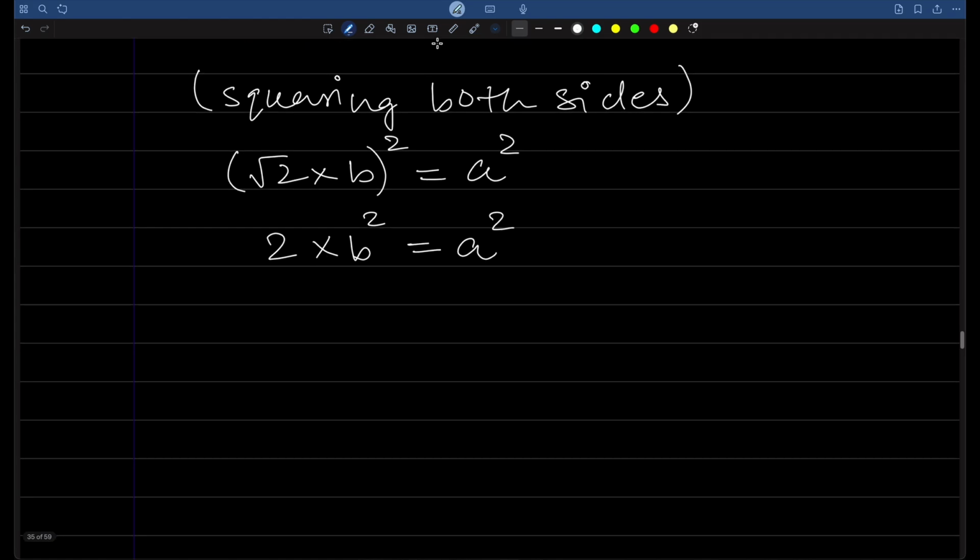Now if I see here, 2 divides a square. Because a and b are co-prime, a and b do not have any common factor, but 2 divides a square, so 2 is one of the factors of a.